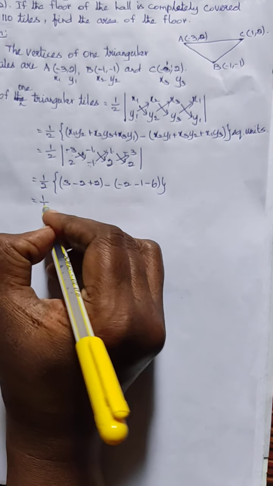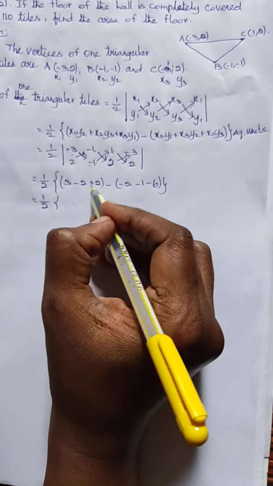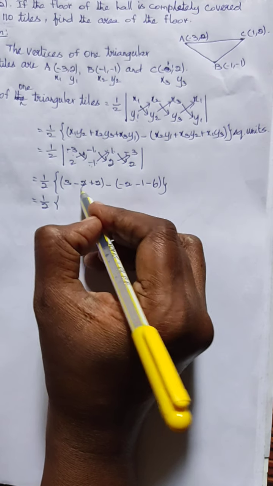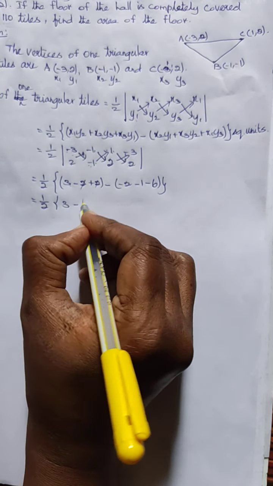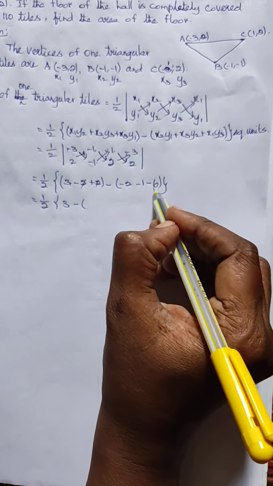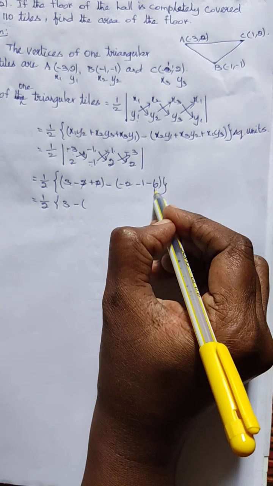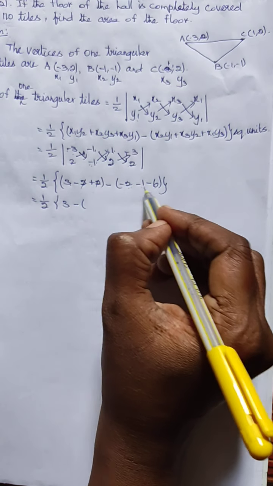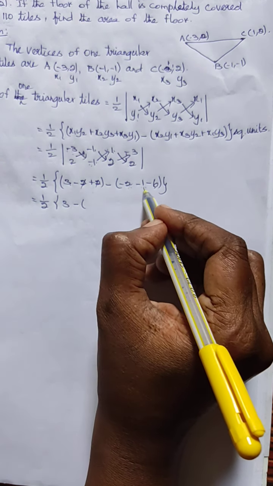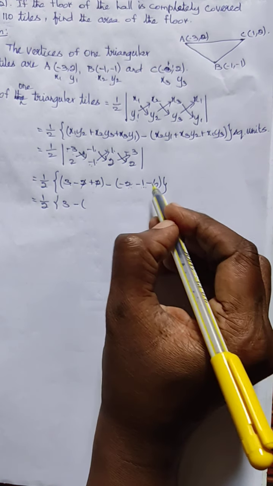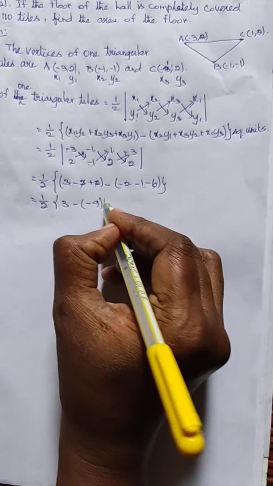That is equal to half into, see here 3 minus 2 plus 2... 2 minus 2, 0. So in this bracket we have 3. 3 minus of, see here all the 3 terms are having negative sign. So we can add these 3 numbers and put the minus sign. So 2 plus 1, 3. 3 plus 6, 9. That is minus 9.